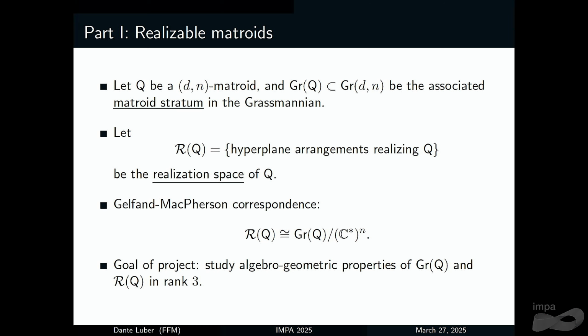If you take your stratum in the Grassmannian indexed by your matroid and quotient out a torus factor, you get your realization space. You get the moduli space of hyperplane arrangements corresponding to that matroid. And what I'm going to talk about is how we study the algebro-geometric properties of the matroid stratum or the realization space, either way.